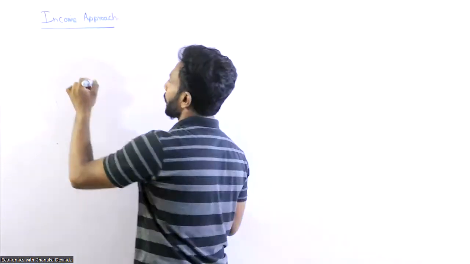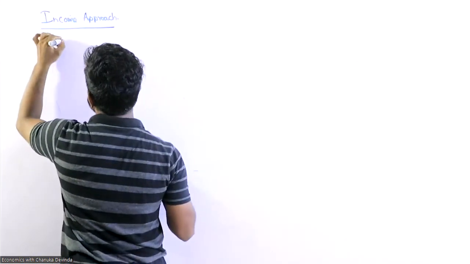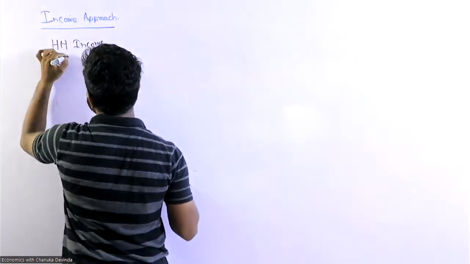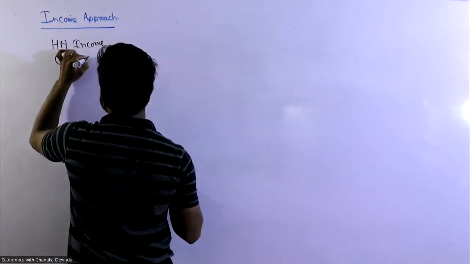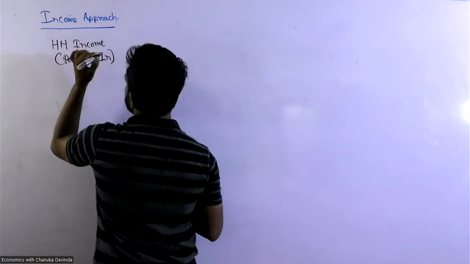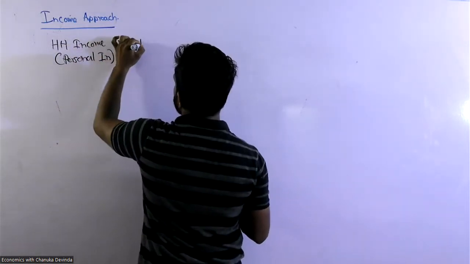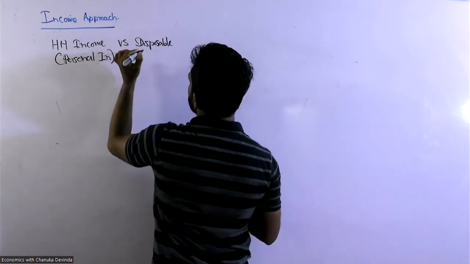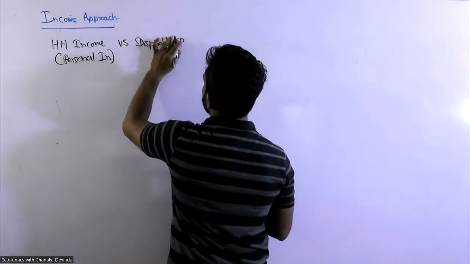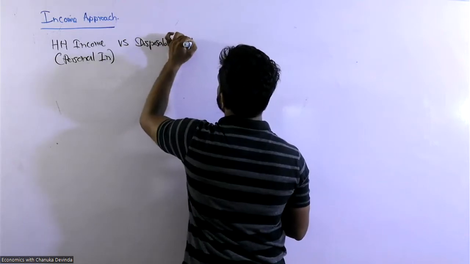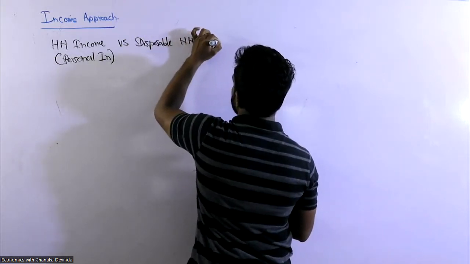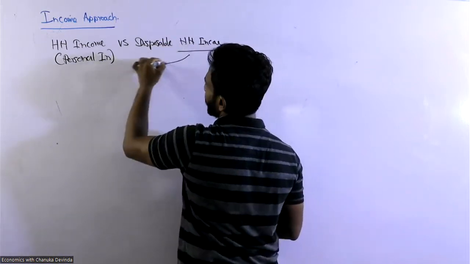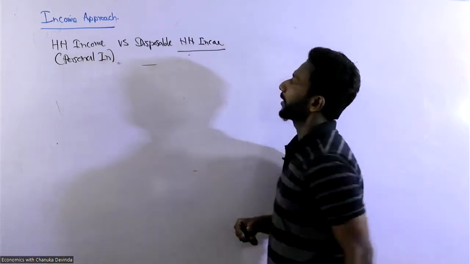Here, household income, or we identify it as personal income, versus disposable household income, or disposable personal income, right? Household income can be identified as personal income as well.